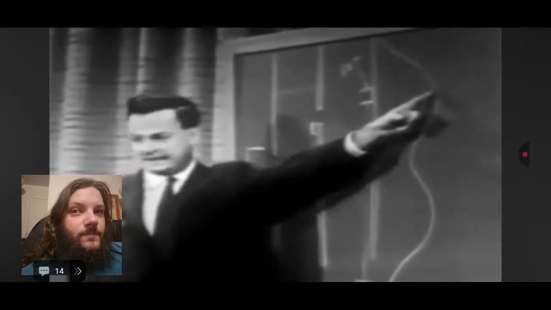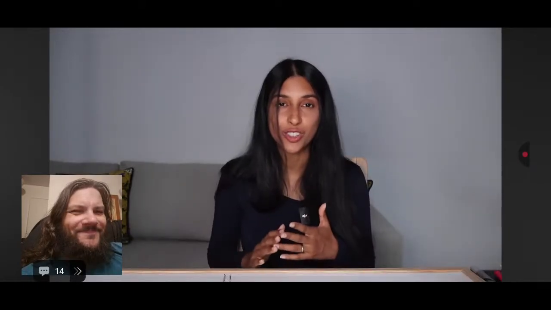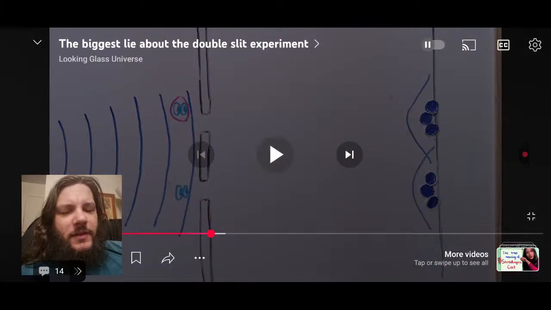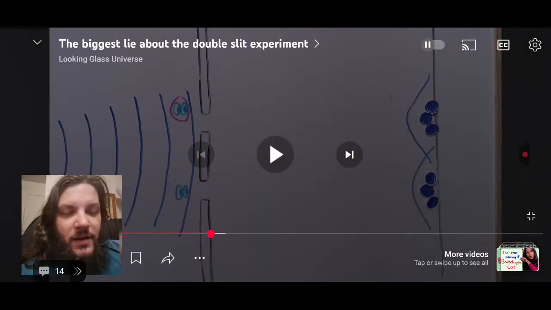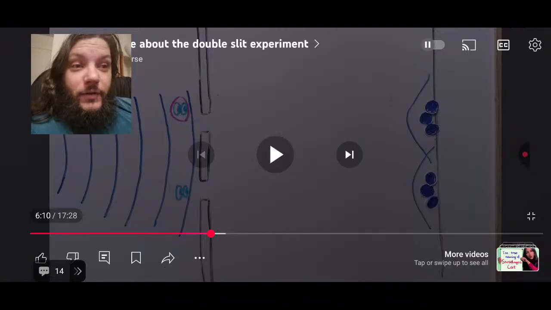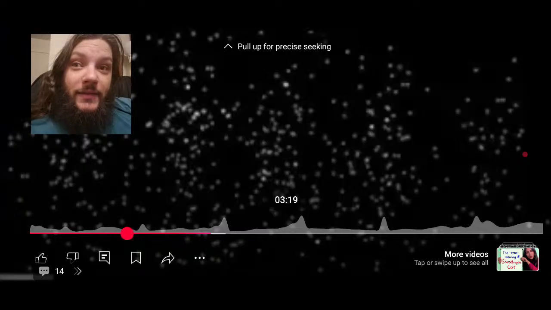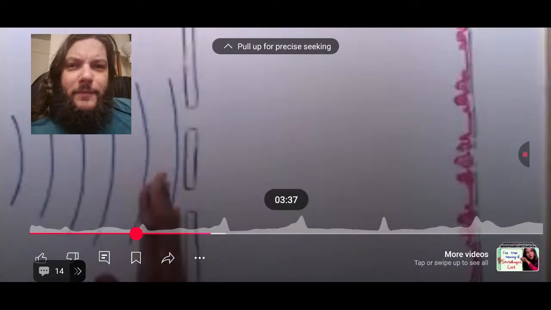I wish I had experimental footage of someone actually doing this experiment with electrons to show you that this is not what happens. You want to know how the footage would look? You see this? Imagine there's only 2 bands instead of 5.